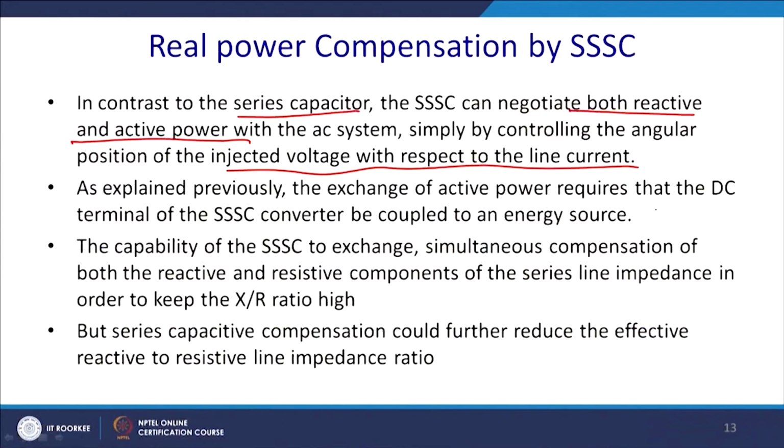As explained previously, the exchange of real power requires a storage element coupled to the DC terminal of the SSC converter. It can be a battery or solar panel or any kind of thing.